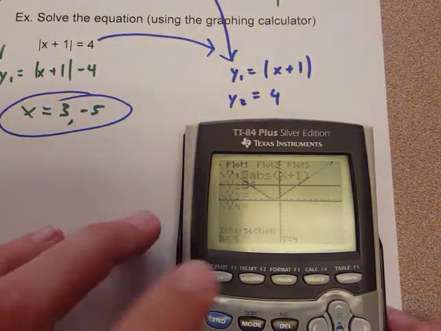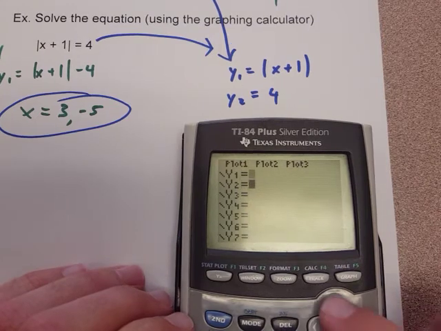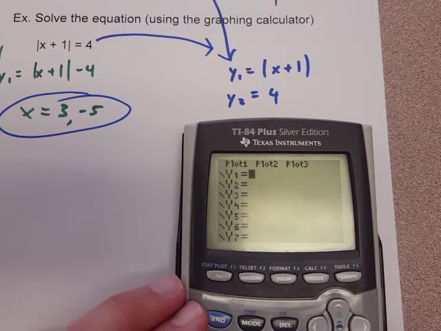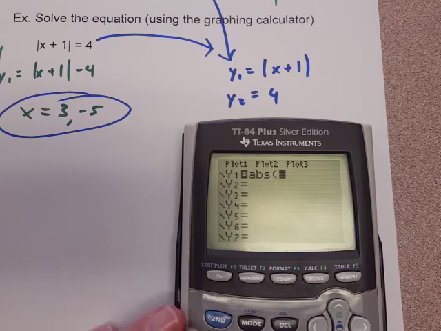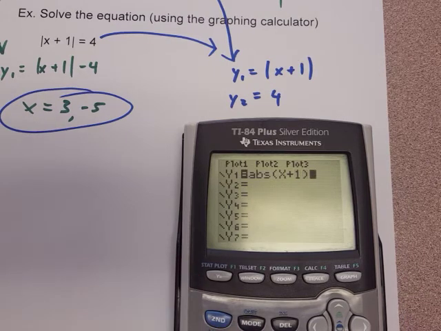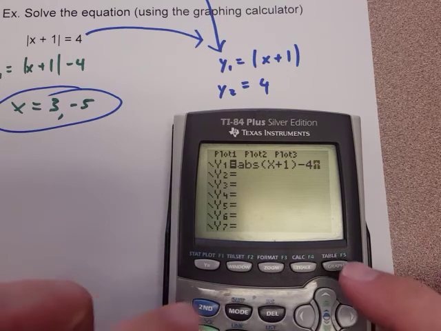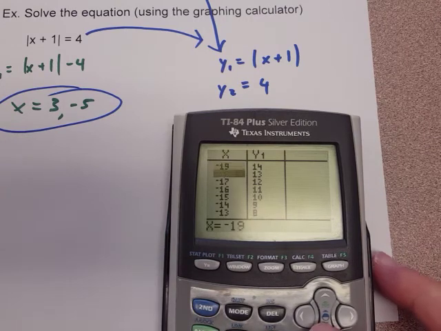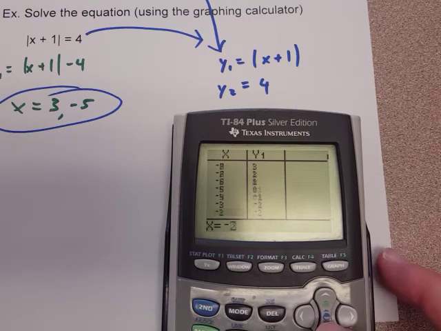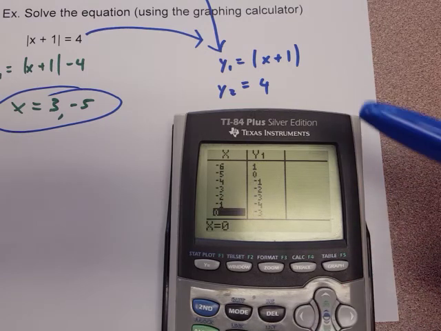So I'm going to go back now and I'm going to just re-enter that absolute value of x plus 1 minus 4. So now instead of graphing this, what I'm going to do is go to my table function, second graph, and look in this table, and I'm just going to be looking for the places where y is equal to 0.